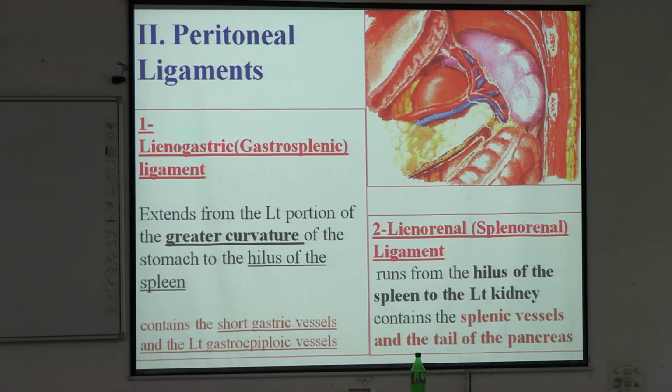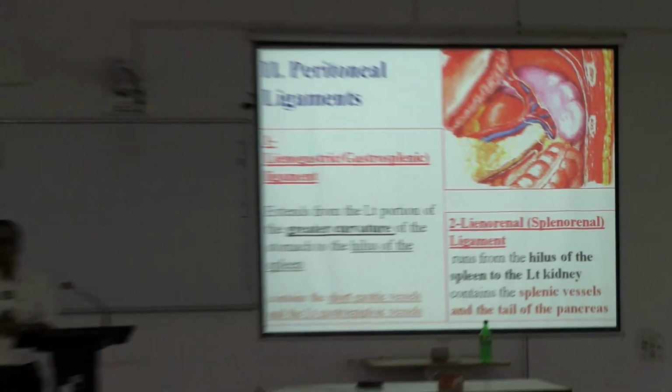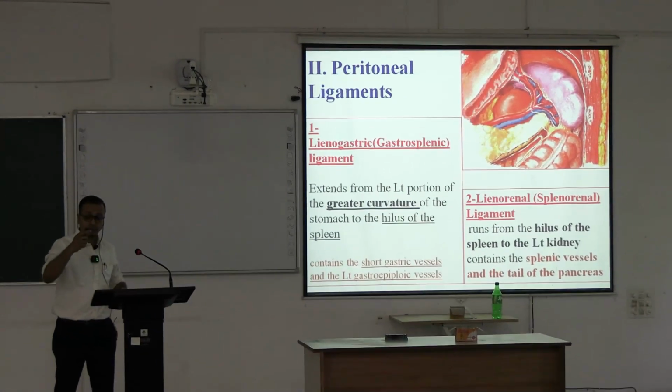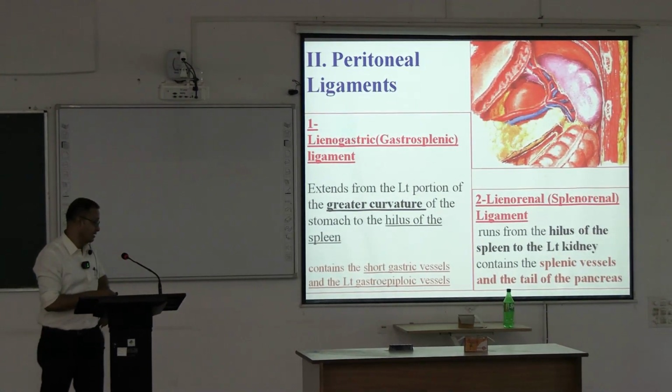Now, which part of the stomach? The stomach has different parts. It is stretching from the upper posterior side of the greater curvature. So, from the left posterior part of the greater curvature of the stomach to the spleen, and which part of the spleen? We call it the hilum of the spleen. Why do we call it the hilum?